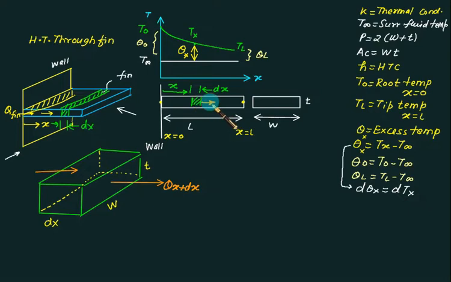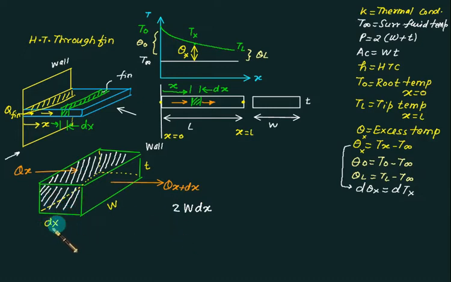This plane distance is x plus dx, and this one is at a distance equal to x. So this is qx. Along the x direction, heat is conducted, while from the remaining faces, that is this face which is perpendicular to the y-axis, and the area of this face is W multiplied by dx, there is convection. So that area is W into dx. The same area is on the bottom side also, so we will multiply by 2. From the bottom side also, heat is transferred by convection.